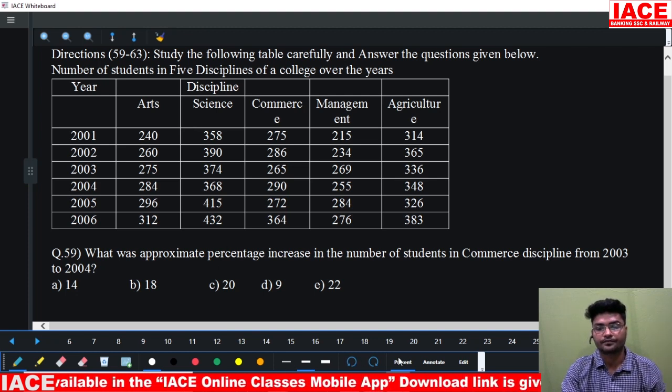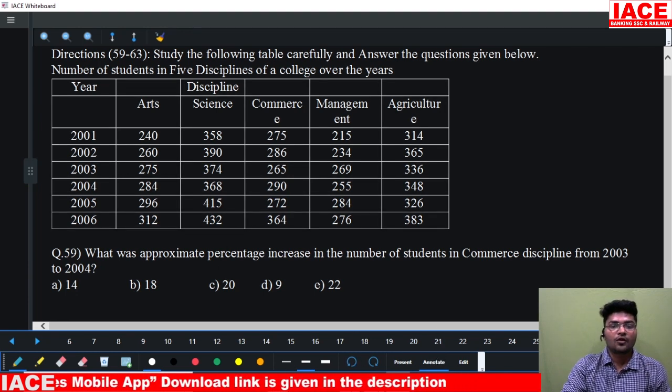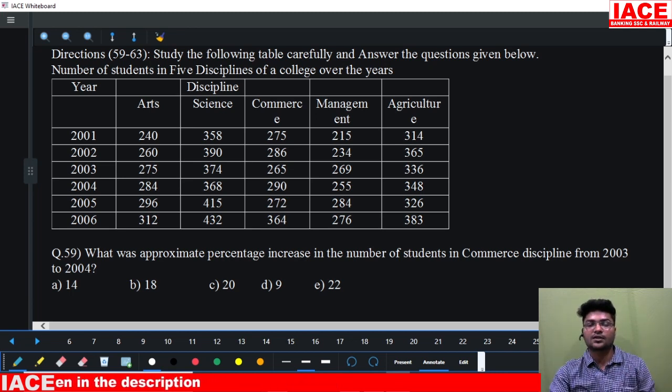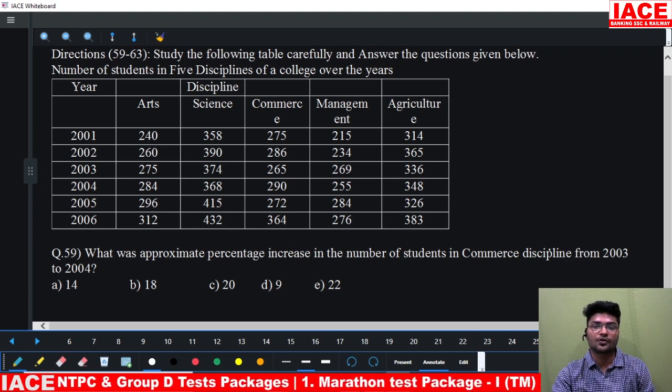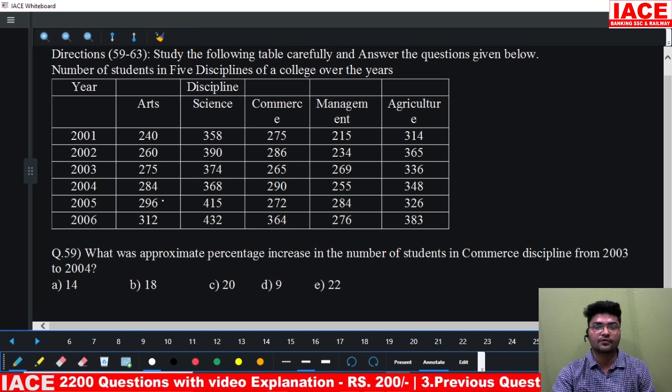Now questions. What was the approximate percentage increase in the number of students in commerce discipline from 2003 to 2004? For commerce, 2003 is 265 and 2004 is 290.